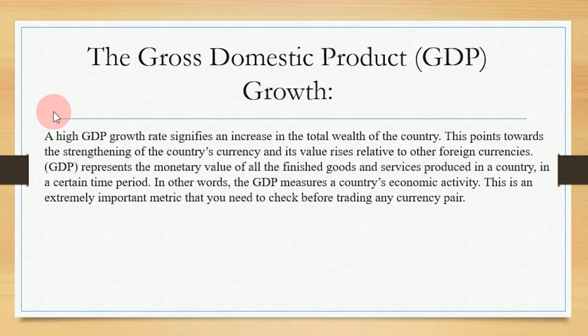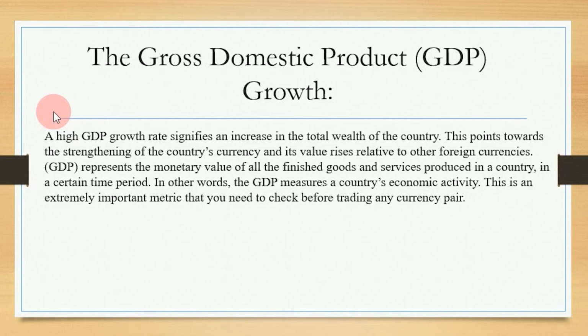GDP represents the monetary value of all the finished goods and services produced in a country in a certain time period. In other words, GDP measures a country's economic activity. This is an extremely important metric that you need to check before trading any currency pairs.